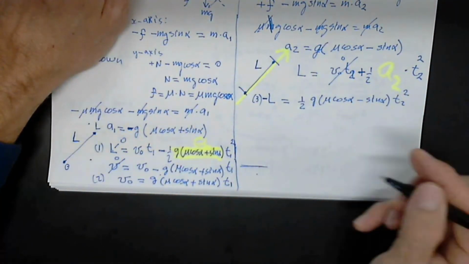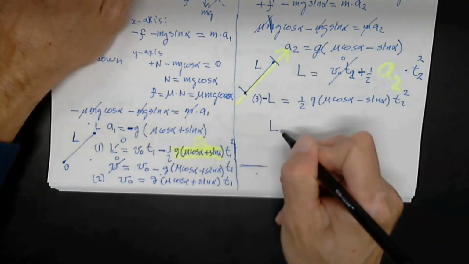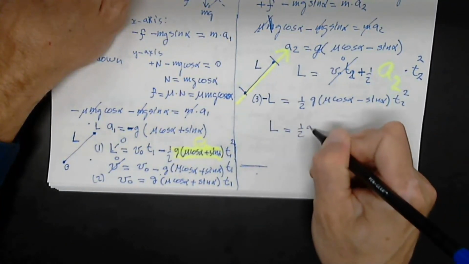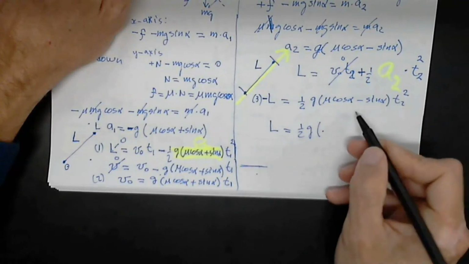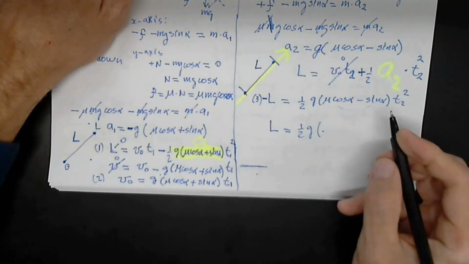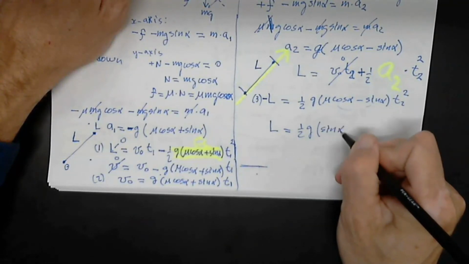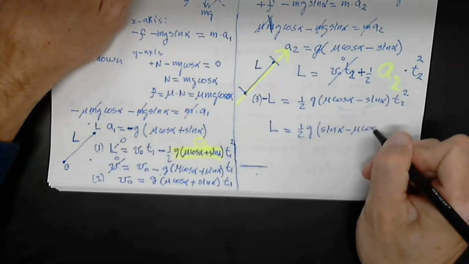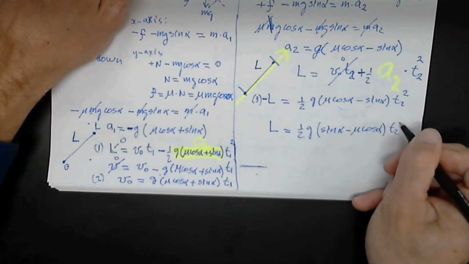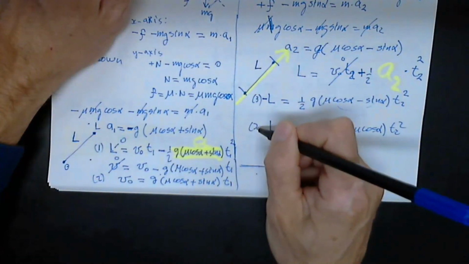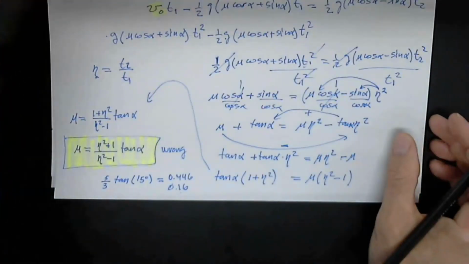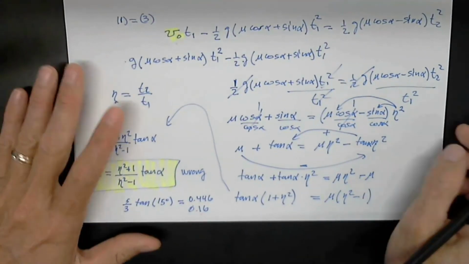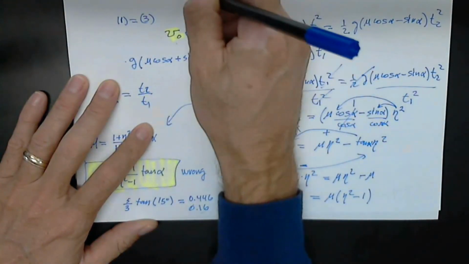That means that this equation is, and I will swap the sine and cosine over here. So this is equation 3, which is the same as putting a minus over here.